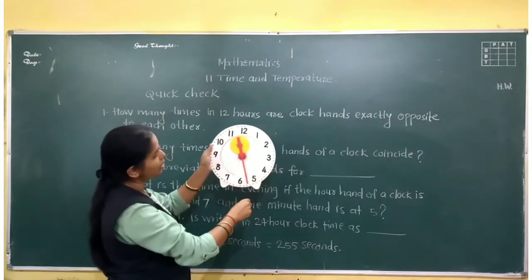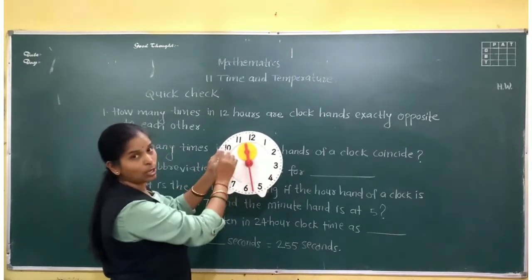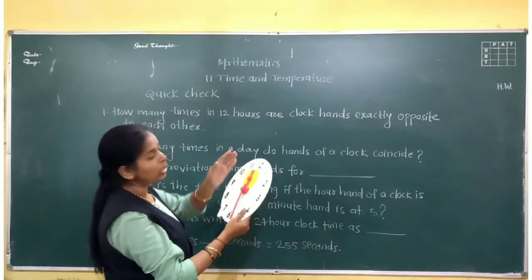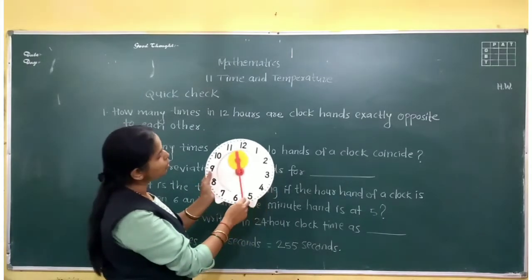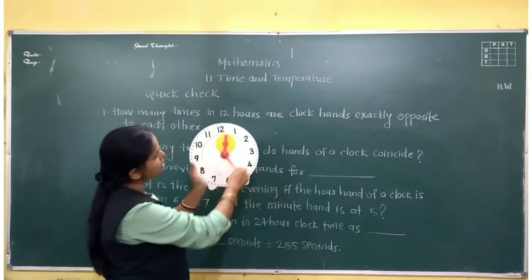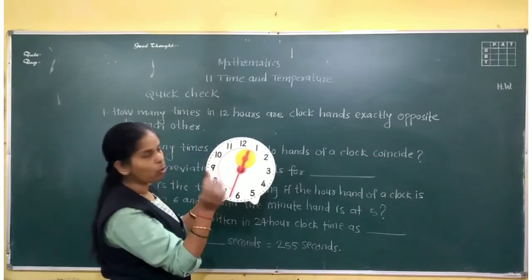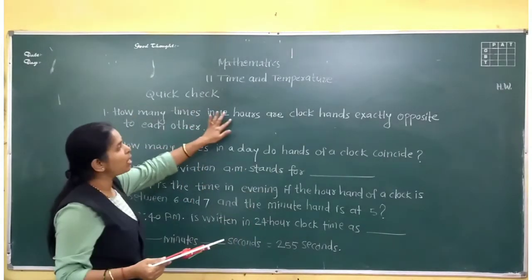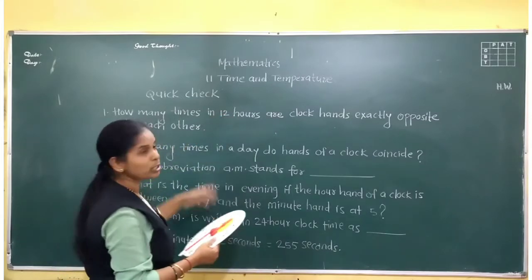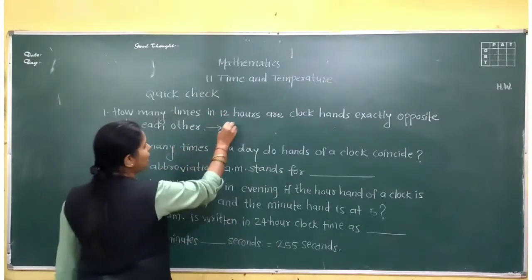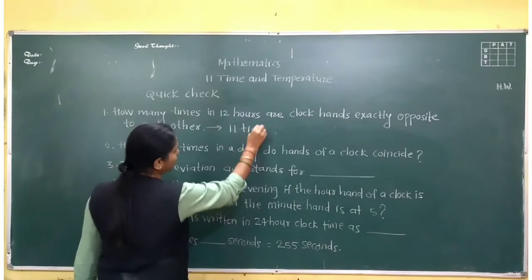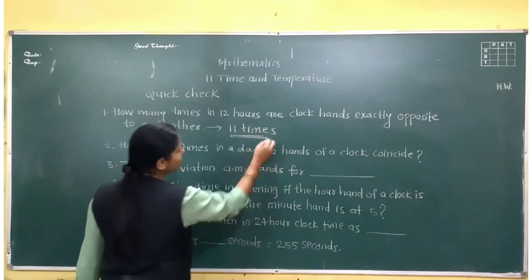See, 11, because we had started with 12, no? So we don't have to cross 12. If you cross, the same position will come again. This was the first position, we counted it already. So how many times in 12 hours are clock hands exactly opposite to each other? 11 times. Okay, this is the answer.